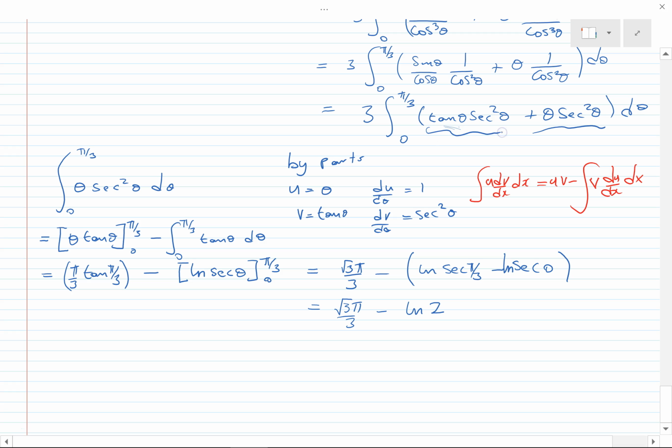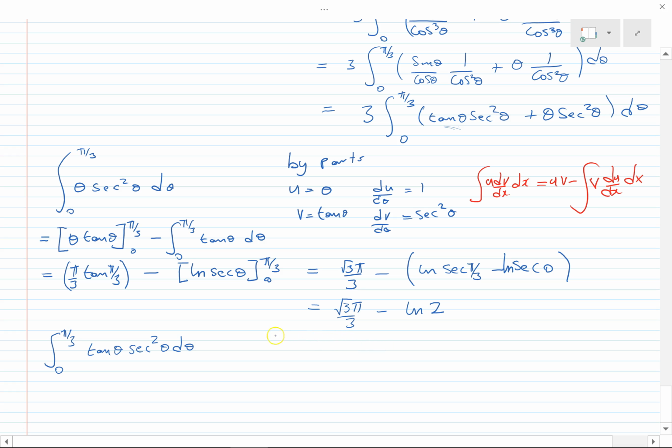Now the more challenging one is the second one, the integral of tan theta sec squared theta. Right, okay, so there are a couple of ways of going about it, but combinations of tan theta and sec theta can often be used.